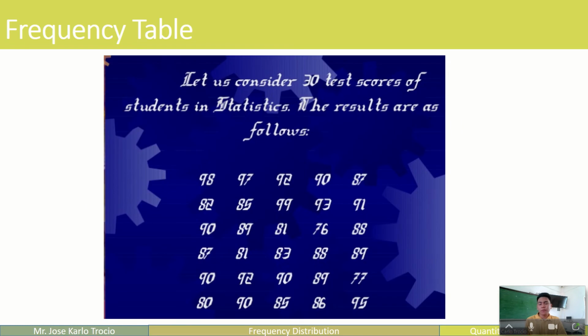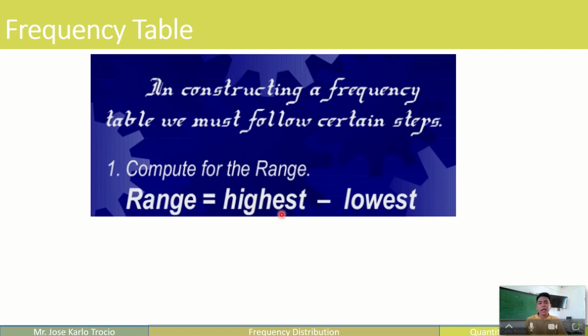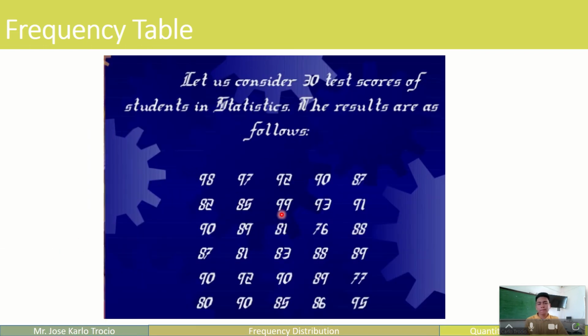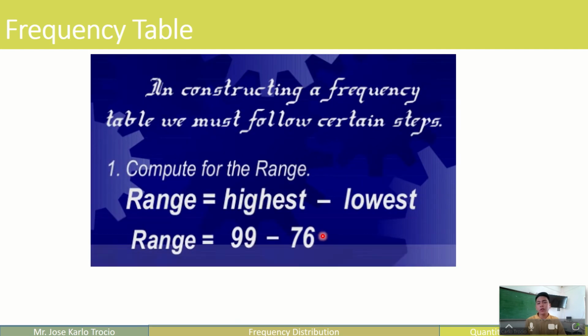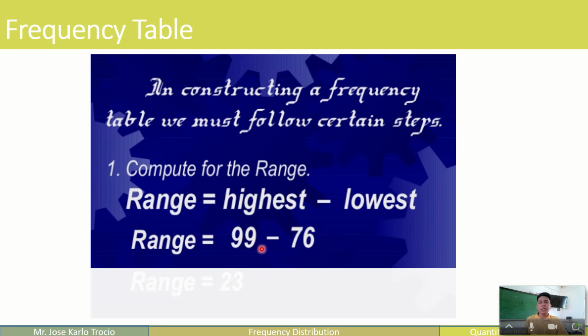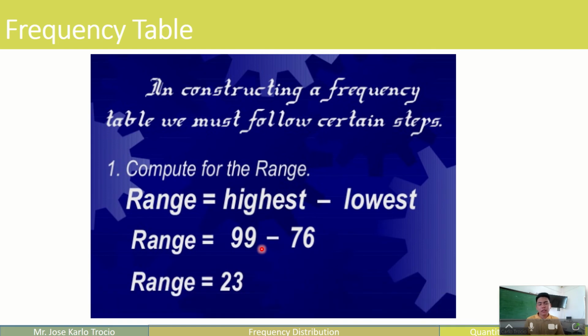In this case, we have 99 as our highest, and the lowest is 76. So we are just going to simply subtract: 99 minus 76, the range is 23. That is the distance from the highest to the lowest. That is the range of the data.